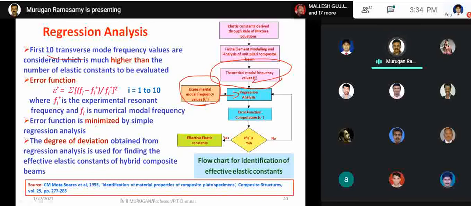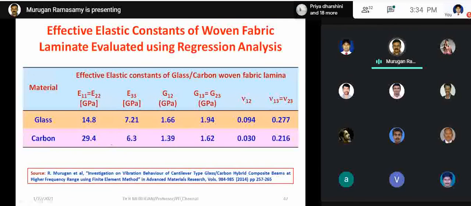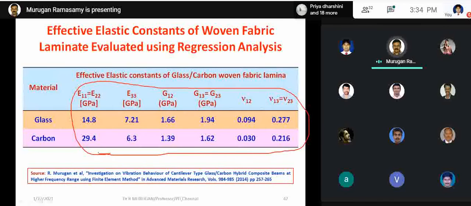By doing this iteration process we are able to achieve the 9 elastic constants. So these are the 9 elastic constants of the 4-layer glass laminate and the carbon laminate. These elastic constants may be used for further analysis.